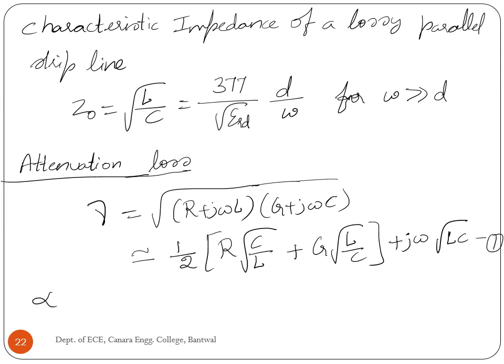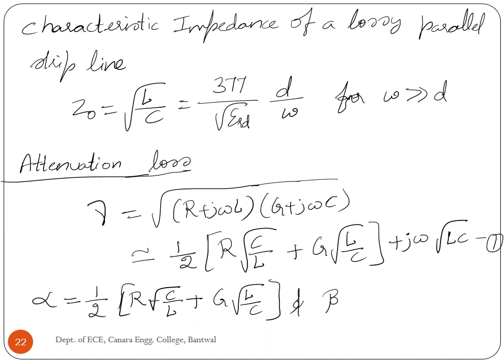where alpha, the attenuation constant, is half into R root C by L plus G into root L by C, and beta is equal to omega root LC.